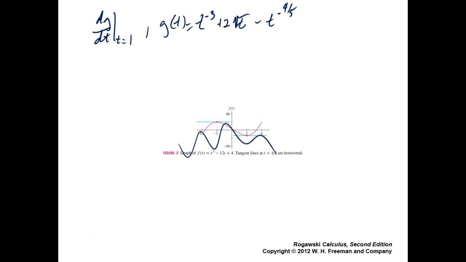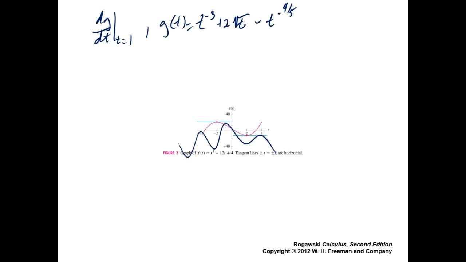Okay, go for it. What would you do first? Take a derivative. Very good. And what happens if you do? Now, actually, in this case, I want to do something else first.